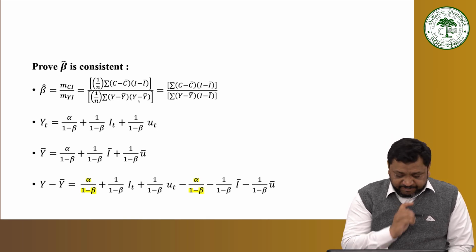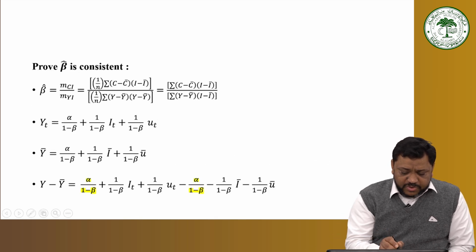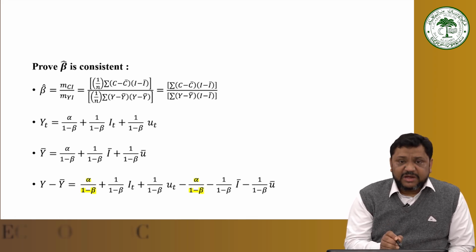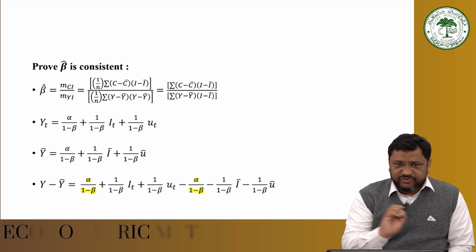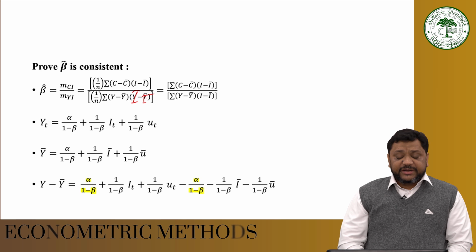There is again a mistake over here. In the PPT, for the denominator term MYi, it is written as 1 by n summation y minus y bar multiplied by again y minus y bar. That is wrong. It should be I minus I bar, the second term.